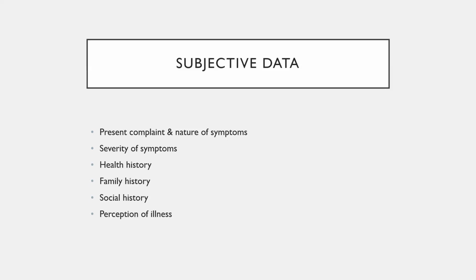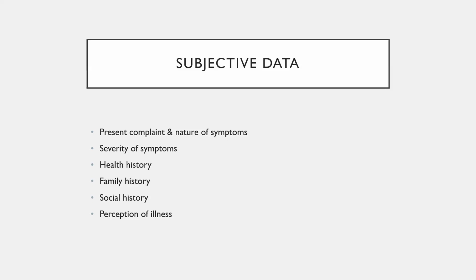Then, in the health history, one may ask significant questions like previous history of diabetes or hypertension. In the family history, we could check whether any of the family members have a history of angina pectoris or myocardial infarction or any other hereditary diseases.